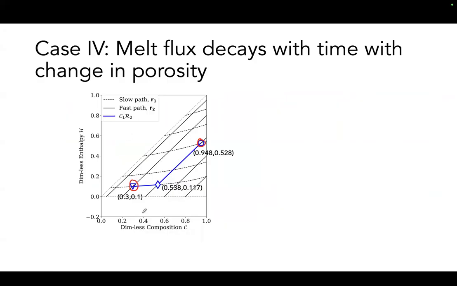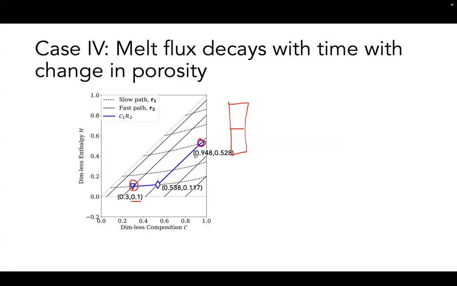For example, here the left state, or the top state, is 10% liquid water content, and 1 minus 0.3 plus 0.1 is 0.8, 80% porosity firn.